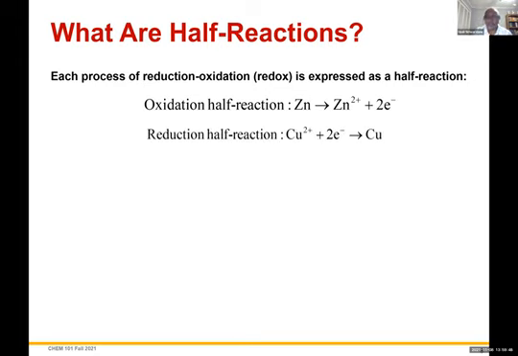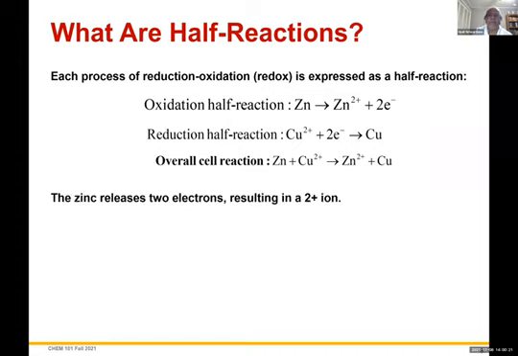Reduction takes place in the cathode. The cathode is copper here. Now, the overall reaction is when you add the half reactions, the electrons have to cancel out. Electrons are transferred through the external wire to produce electrical current, which we can use to run a device, a bulb, computer, etc.